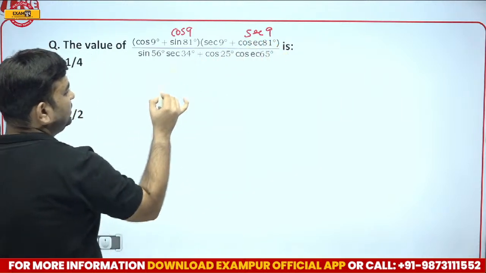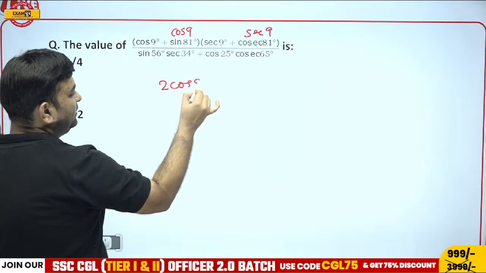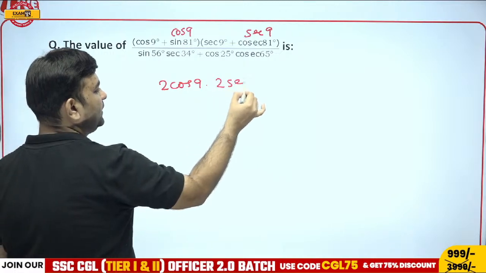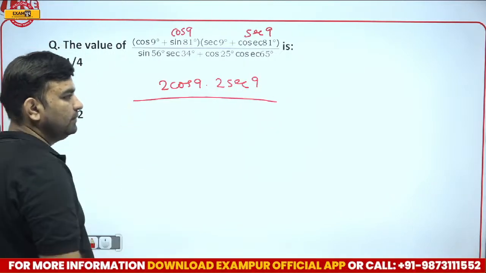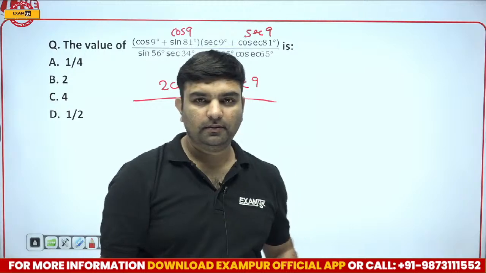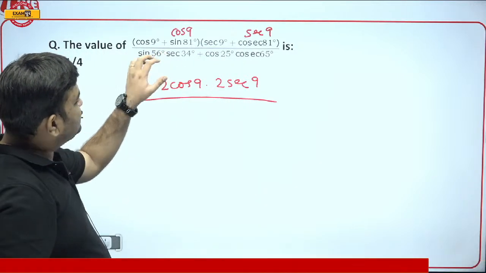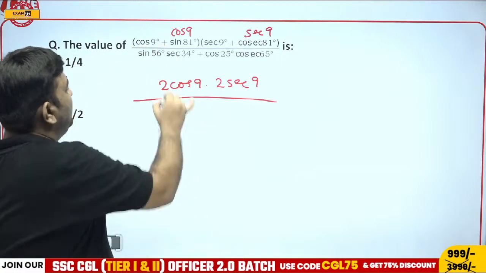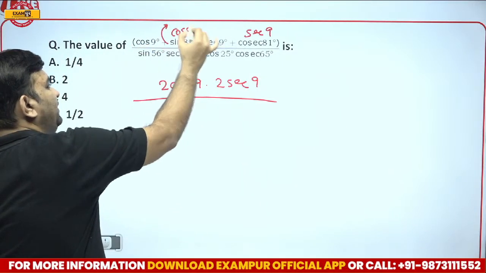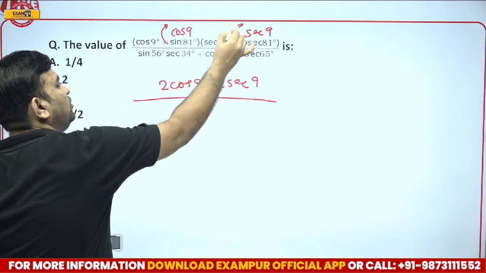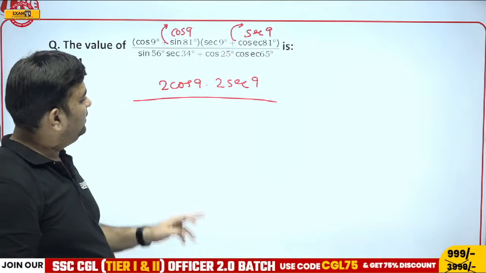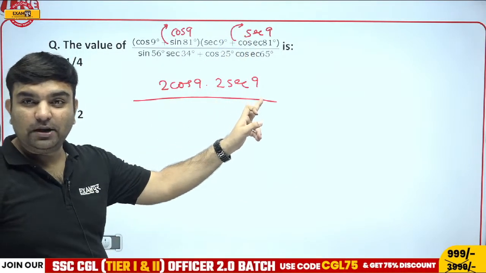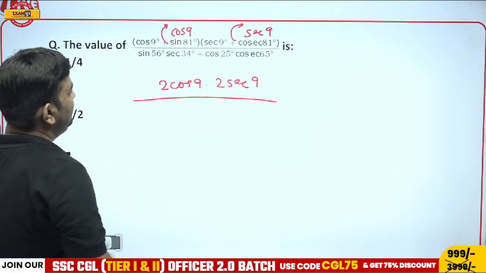Sec 9. So 2 cos 9 into 2 sec 9. Because I want to cancel out something. So I've written sin 81 as cos 9, complementary pair, and cosec 81 as sec 9, complementary pair. Now cos 9 and sec 9 will cancel out each other.